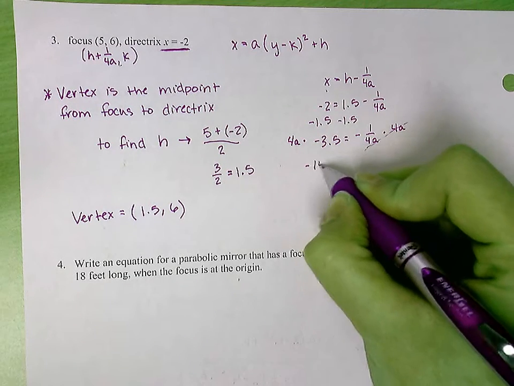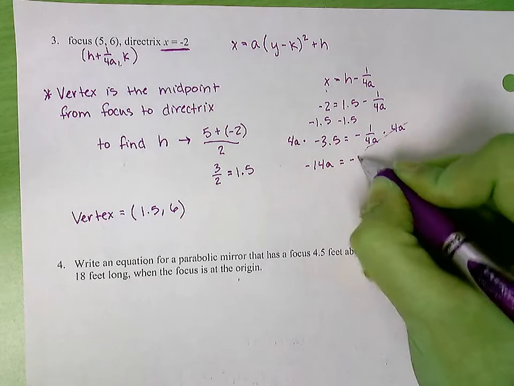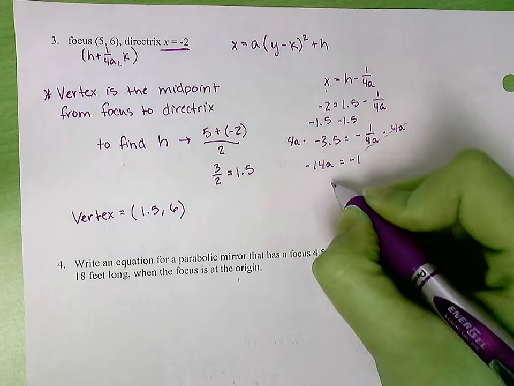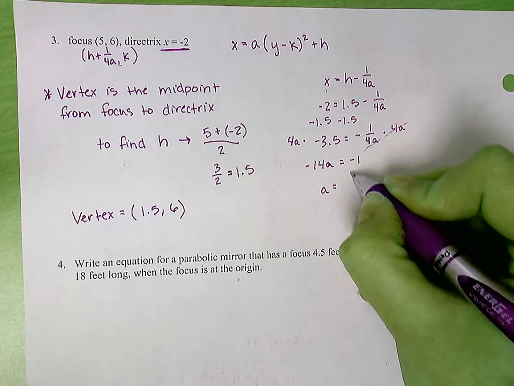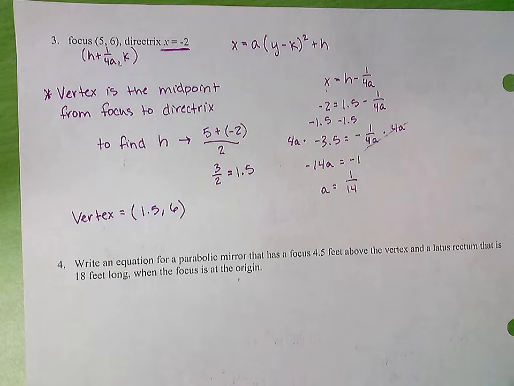Okay, that's -14a is equal to -1. Divide by -14, so a would be equal to 1 over 14.